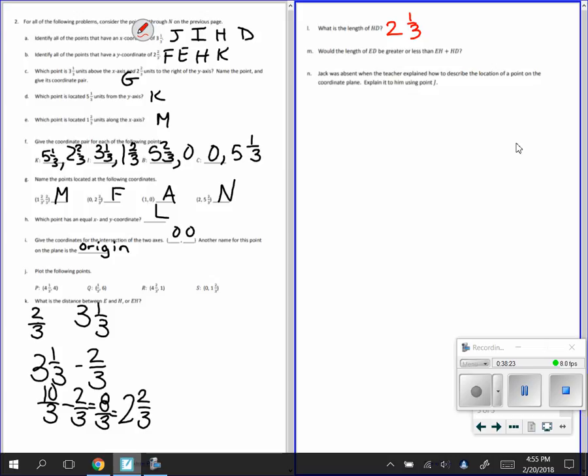Jack was absent when the teacher explained how to describe the location of a point on the coordinate plane. Explain it to him using point J. So if you had to explain to someone who's been absent how to describe the location of a point on the coordinate plane using point J, you should have written something down.